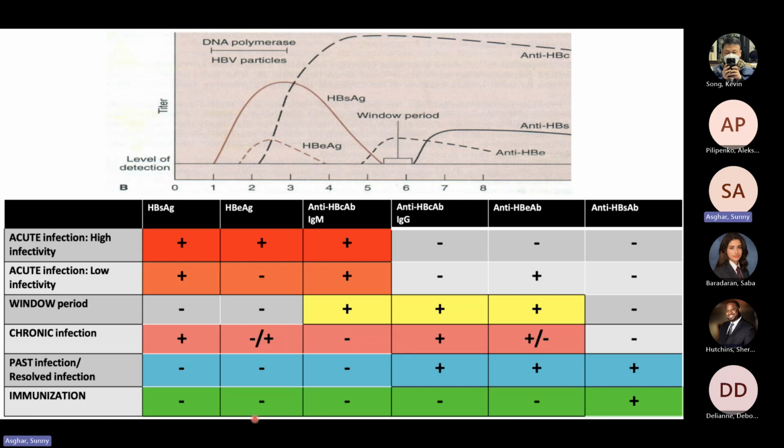And then with immunization, the only thing present is going to be the HB surface antibody. If we see this and nothing else, that would indicate that the person is vaccinated.